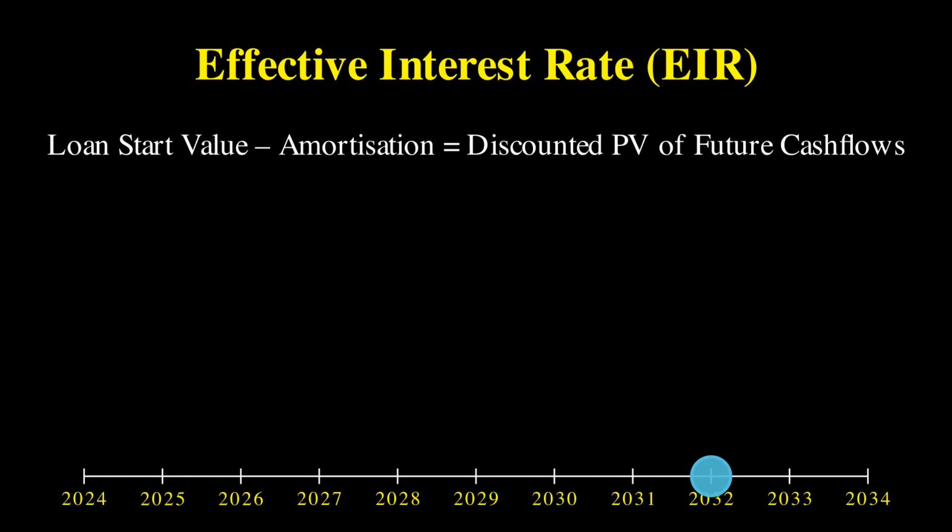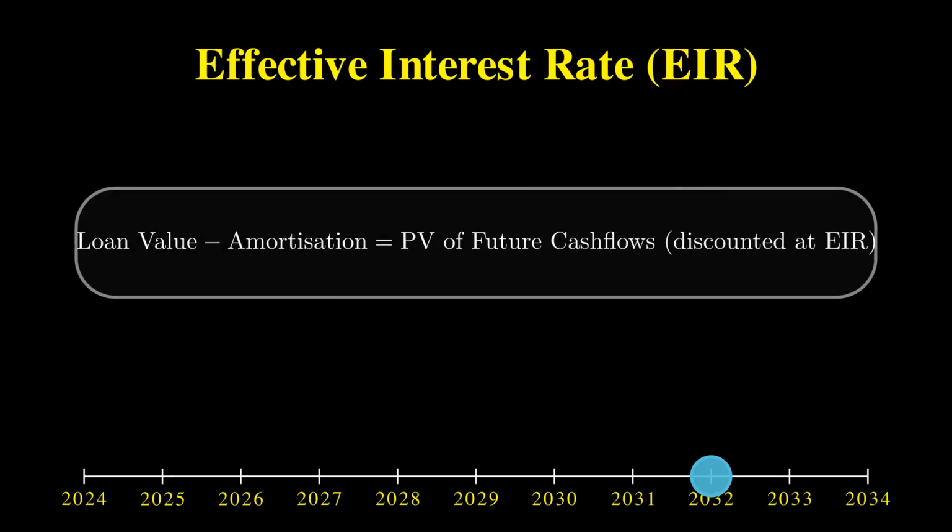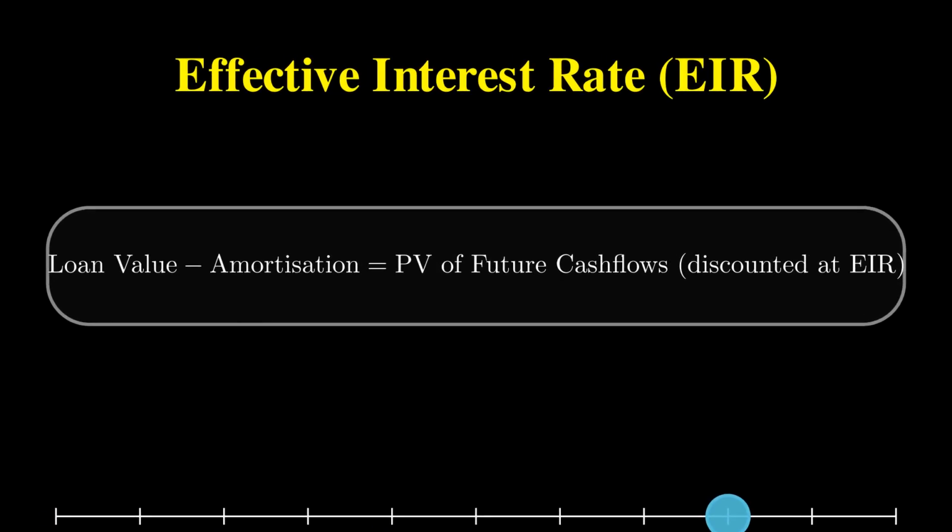That is the mathematical foundation of the effective interest method. Hence, we can express the relationship more precisely. The loan value minus amortization equals the present value of all future payments discounted at the effective interest rate.